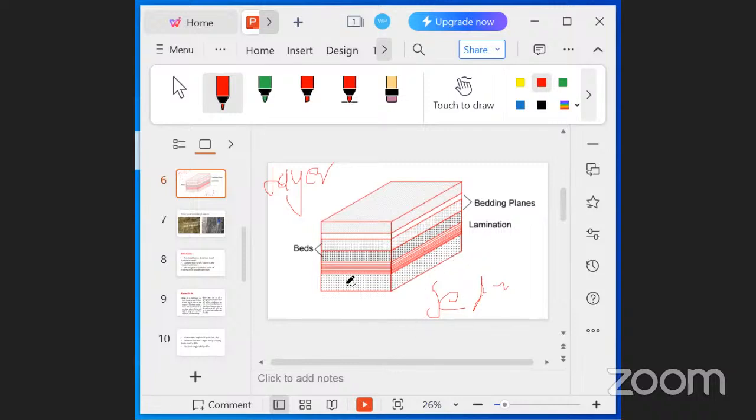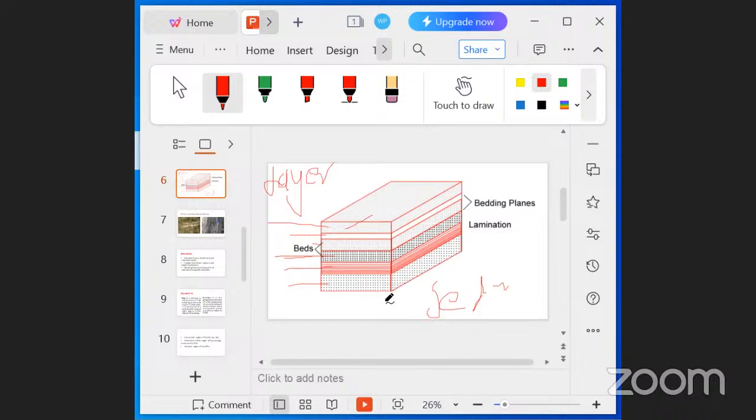The deposition of sediments one over another in a basin results in layered or sedimentary rocks. So what is a bed? This is a bed. A bed is defined as an individual layer or stratum of a sedimentary rock. So you see here, these are the beds. This is one bed, this is another one, and this is another one. These are the beds, as in this figure.